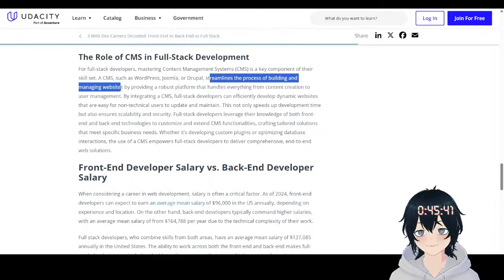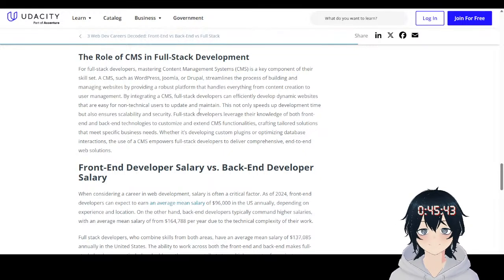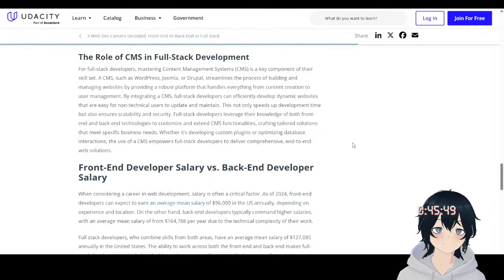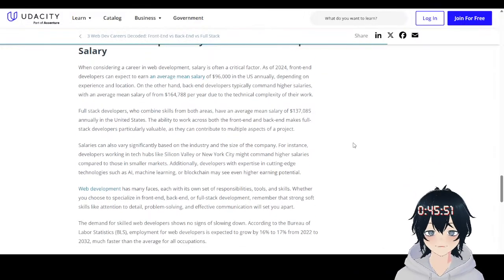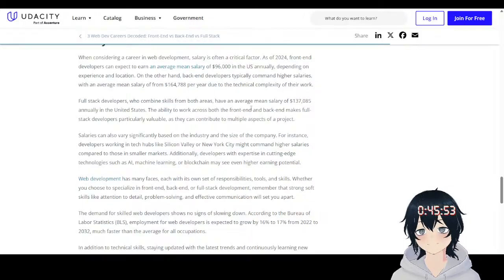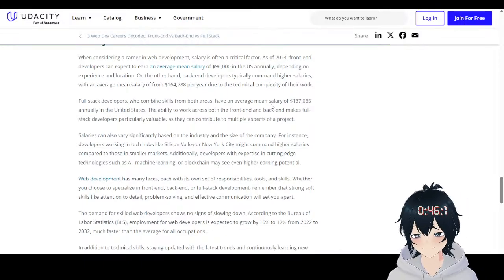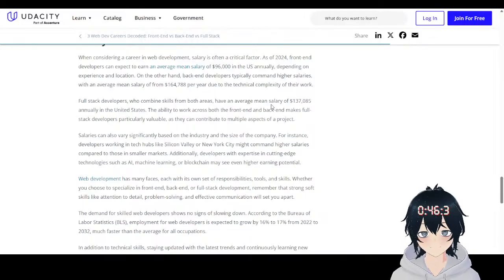Streamline the process of building and managing websites. Front end versus back end. Yes. Which is not very nice.